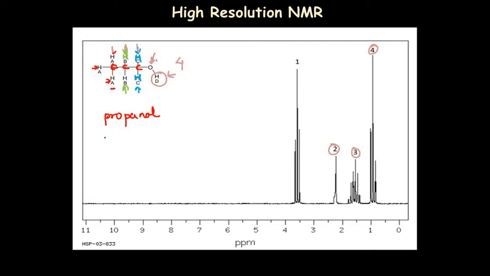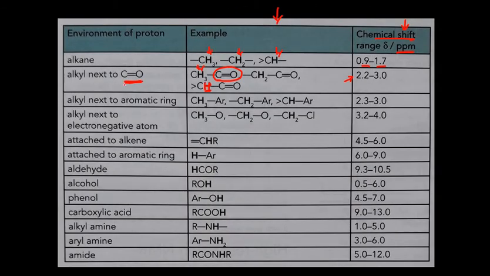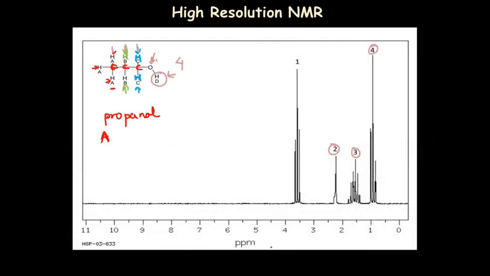Now let's study this splitting pattern and what environment the hydrogen is surrounded by. If we study the A type of hydrogen, we can see that it's a methyl group. Now if we have a look at the table we saw earlier, this alkyl, that is methyl group, should produce a signal in the 0.9 to 1.7 ppm range. So this is the signal we are expecting for the A type of hydrogen.